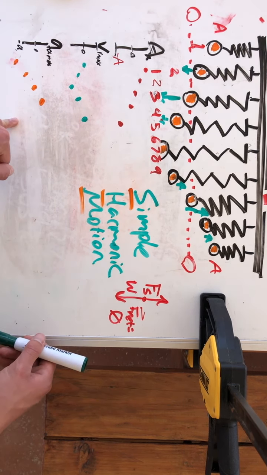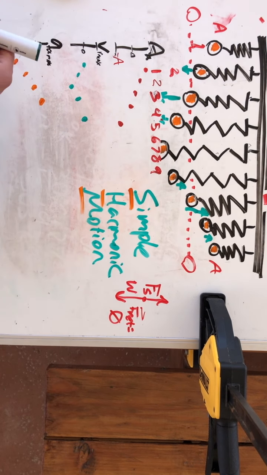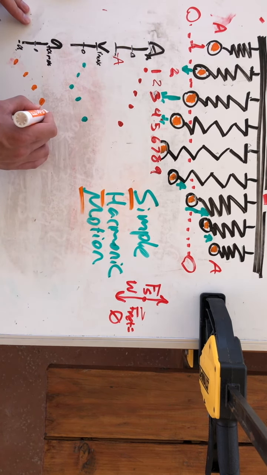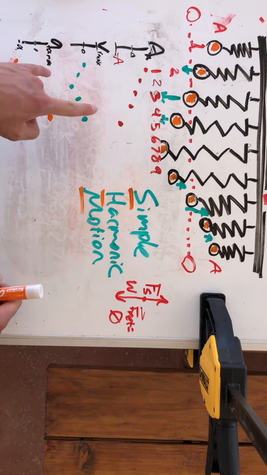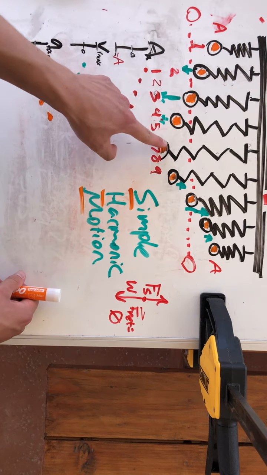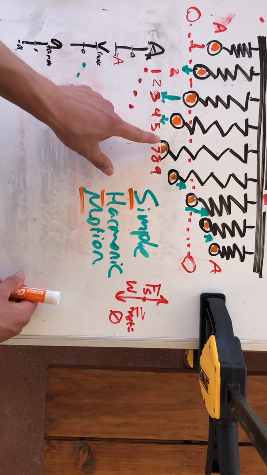Now, what about acceleration? Well, the acceleration is actually going to reach its maximum point. All right, so we have our positive acceleration max, and we're going to reach the top of the graph here. And that also makes sense because the spring is fully extended.